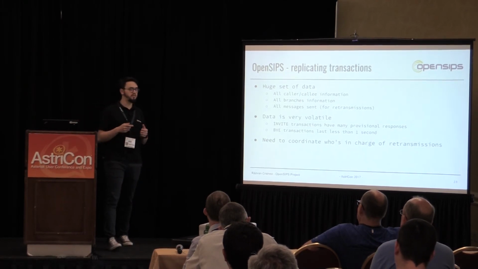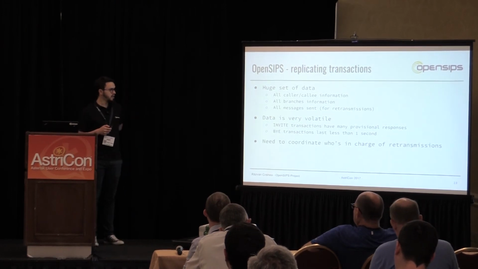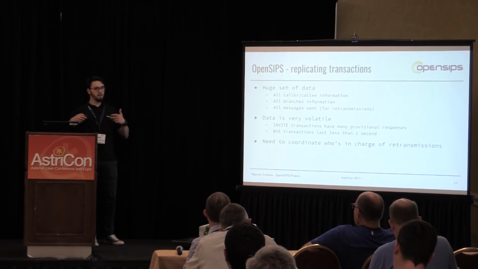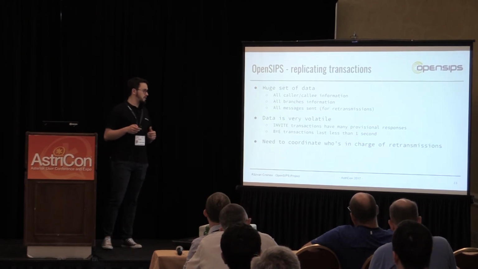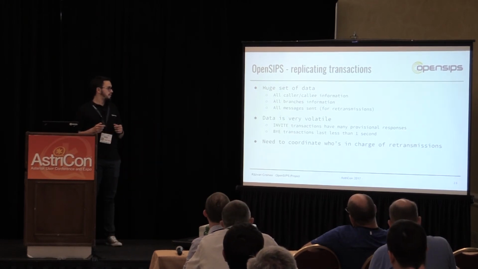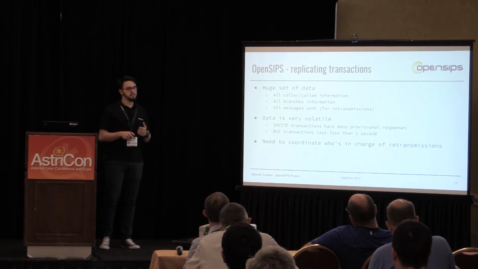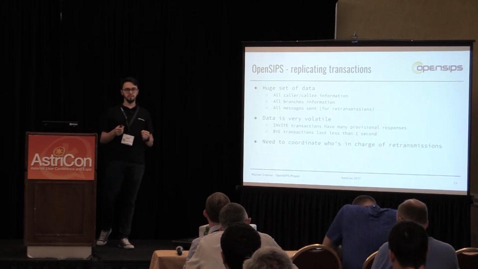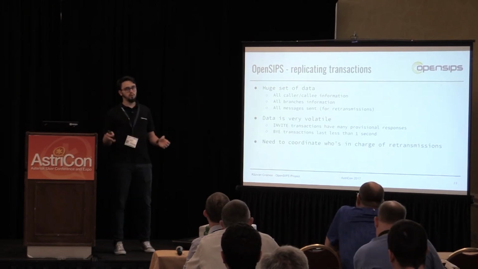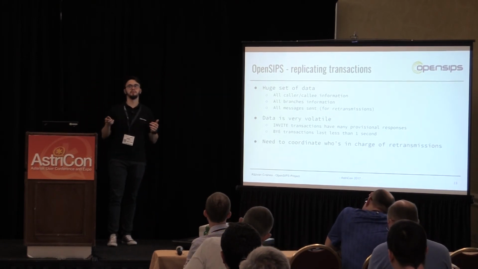So it's a very traffic-consuming and processing-consuming issue to solve. And we also need to coordinate who's in charge of retransmissions, because otherwise we'll end up in the same situation as with the registrations, right? Everybody will try to retransmit everything and basically will flood the client.